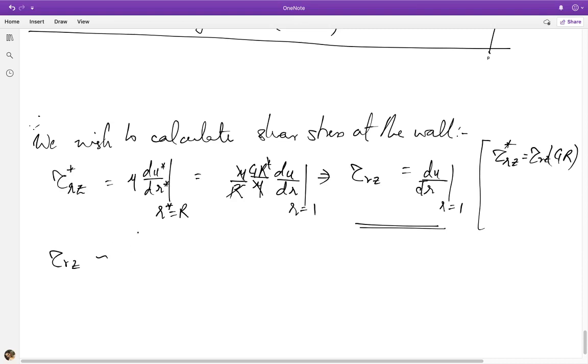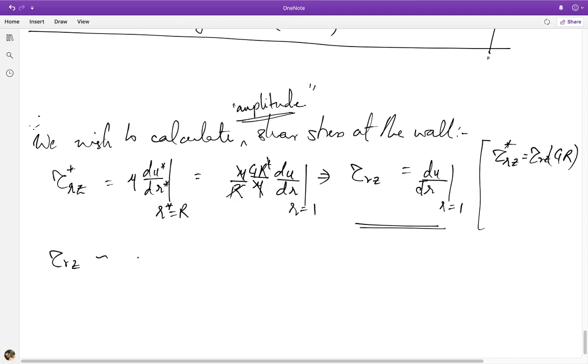So that's equivalent to saying I want to calculate the amplitude of the shear stress, because I know the shear stress is going to oscillate, and the oscillatory time period I already know as 1 over omega or 2 pi over omega. So what I really want is the amplitude.